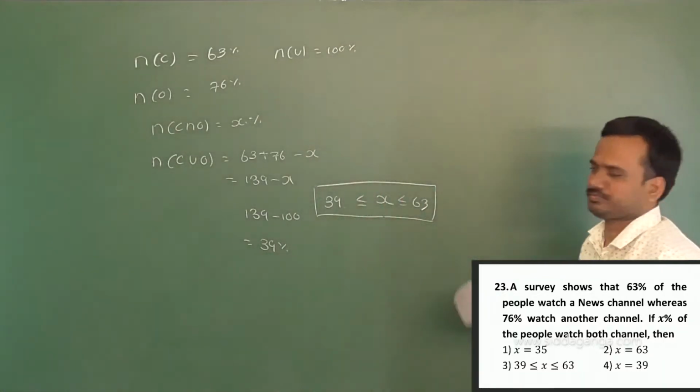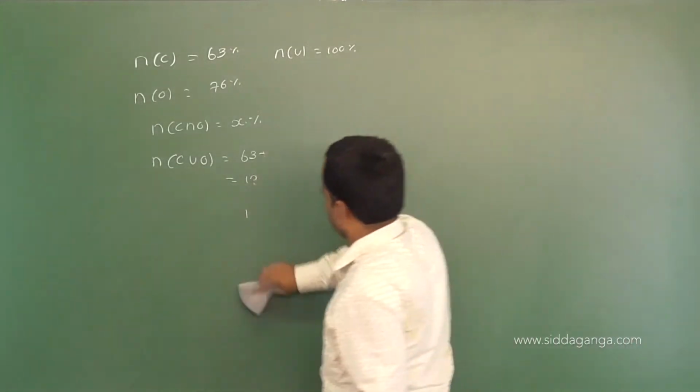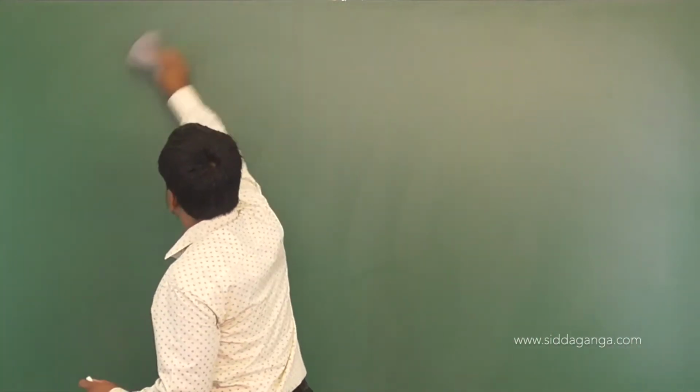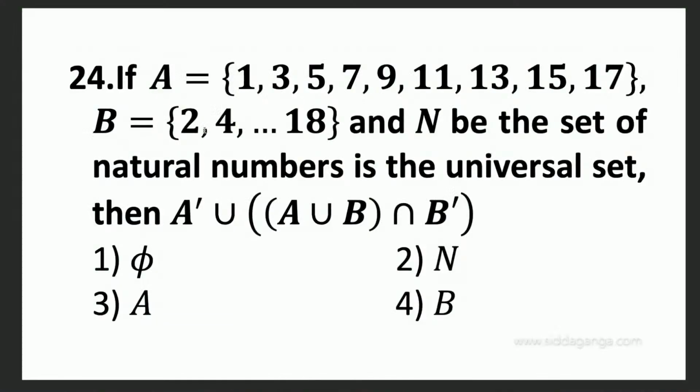Next question. A contains 1, 3, 5, 7, 9, 11, 13, 15, 17, B contains 2, 4, 18, and N, the set of all natural numbers, is the universal set. He asks for A dash union (A union B intersection B dash).